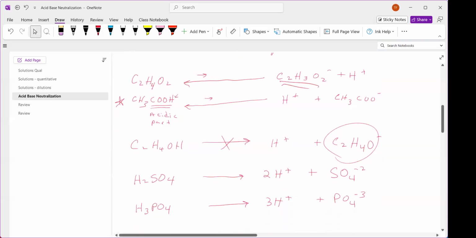Okay. Now, we have a compound like ethanol, that's drinking alcohol, C2H4OH. Actually, that's not right. C2H5OH.